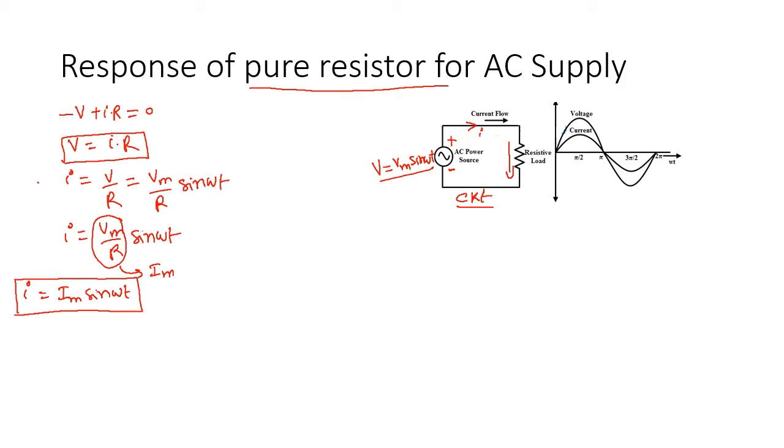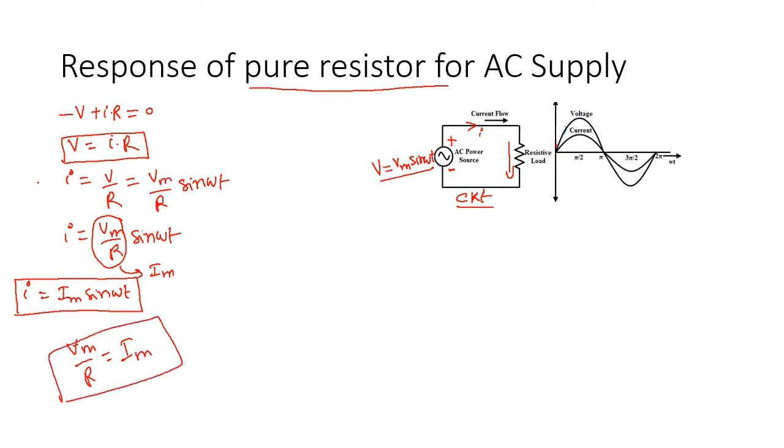So V is equal to Vm sin omega t, and I is equal to Im sin omega t. V is the supply voltage. What is the response? The response is the current, I is equal to Im sin omega t, where Vm by R is equal to Im.